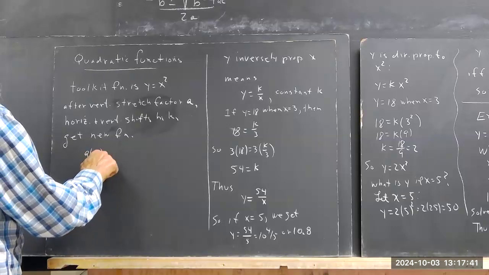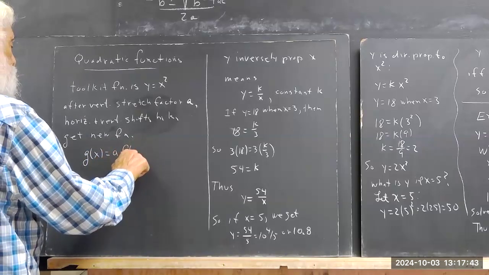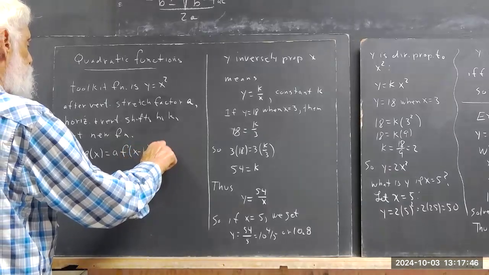I'll call it g of x equals A times f of (x minus H) plus K.